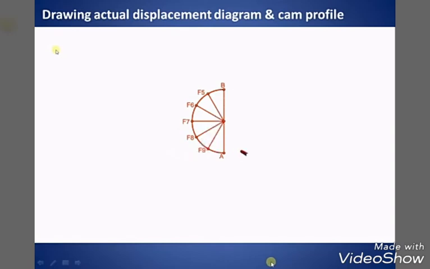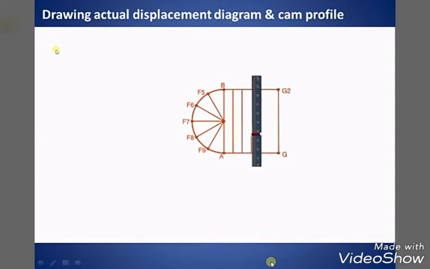Now we'll draw the outstroke to a certain suitable scale. So on the x-axis we are having the angle, and now divide this also in 6 equal parts. Now project these points on the corresponding lines.